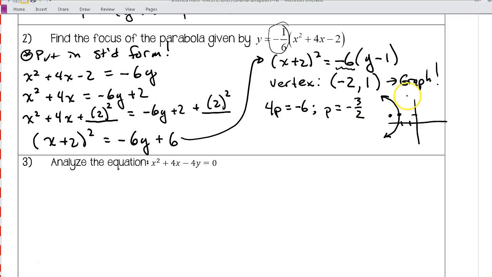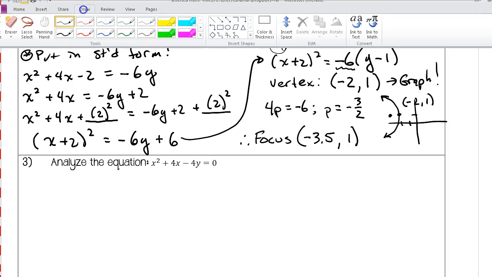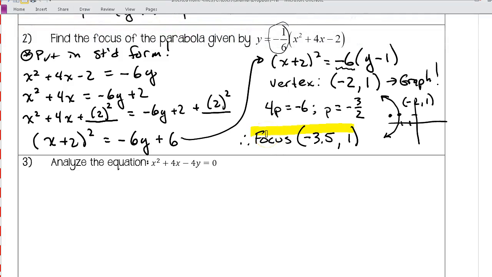And then once I have that, since I'm over here at -2, 1, I'm going to move to the left -3/2 or -1.5. So therefore, my focus, I was at -2, I'm going to go 1.5 to the left, so I'm going to be at -3.5, comma 1. And there is my focus.